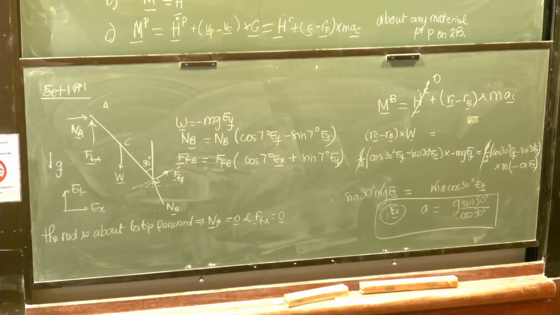Exactly. The bar is just translating. So what is the angular velocity? 0. So omega is 0. So hc is Ic omega. Because omega is 0, hc is 0, so its derivative is going to be 0. But if it was rotating, then omega would no longer be 0. Exactly, which we're going to talk about in a bit. But for all the problems in this set, the bodies are not rotating, so omega is going to be 0.